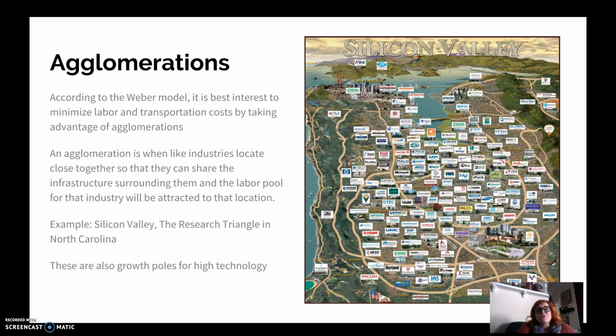The Research Triangle in North Carolina, which I just visited a couple of weeks ago, is another example. You have a triangle of big colleges, right? Duke, North Carolina University for the Tar Heels. All of those together do a lot of research, right? That's what colleges do besides educate people. Part of the job of any professor is also to research and to publish their research, right?